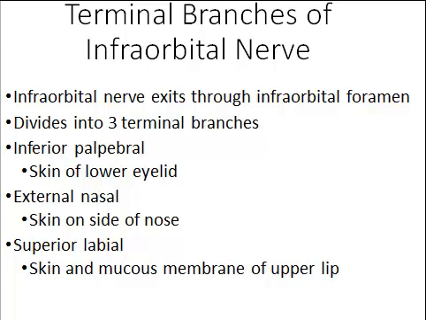If this terminal branch of the infraorbital nerve, the inferior palpebral, gets it, then you have gone deep enough and the infraorbital nerve has been anesthetized, and you'll get that big chunk of teeth and pulp and bone from the centrals all the way back to the mesiobuccal root of the first molar. So the eyelid is a big indicator that the infraorbital nerve injection has been successful.